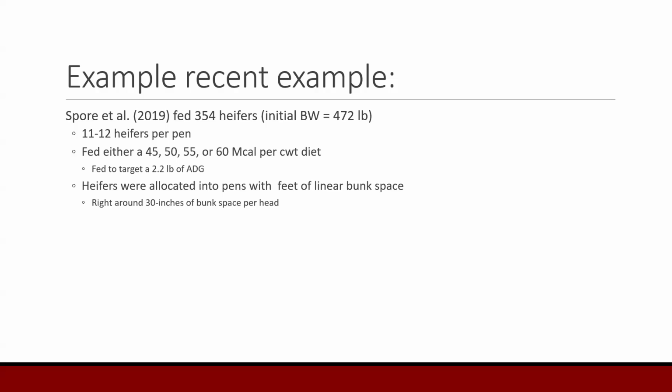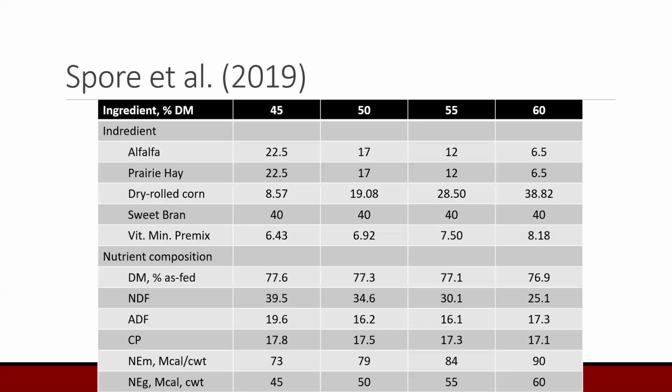So obviously, as you're increasing the energy concentration of the diet, the amount of dry matter that you're feeding them is going to have to go down to achieve that 2.2 pounds per day. They allocated them into pens with right around 30 inches of bunk space per head.